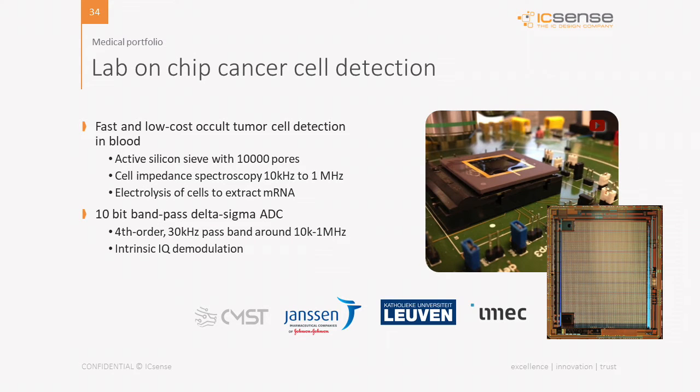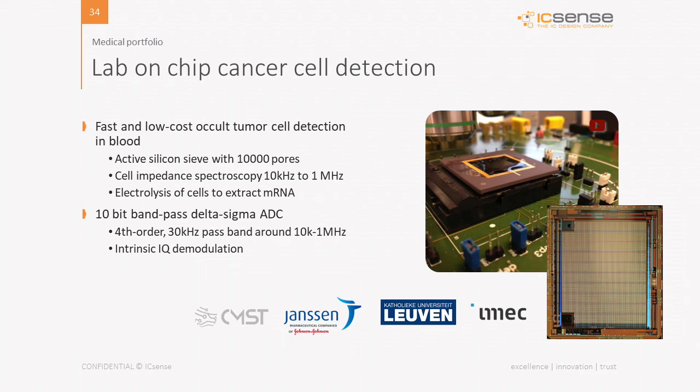And then a last example to give you some inspiration is the lab-on-chip cancer cell detection that has been developed as part of a research project together with IME, Catholic University of Leuven, Janssen, and the research group CMST of University of Ghent. Within this project, we were investigating the possibility of detecting tumor cells in blood by using lab-on-chip.